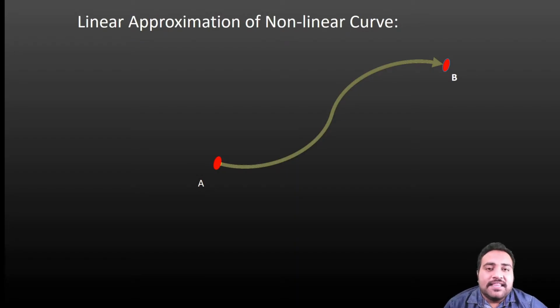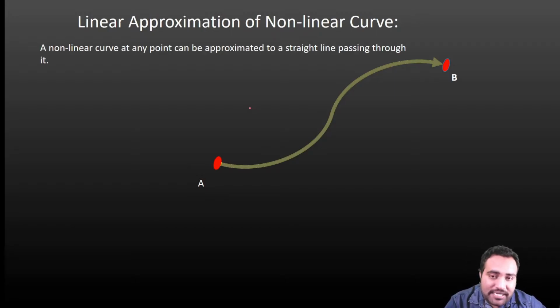That is possible from our mathematical principle of linear approximation of a nonlinear curve. Mathematics says that a nonlinear curve can be approximated as a straight line, but that straight line would be different at all different points. That is, any curve at any point can be approximated as a straight line passing through it.